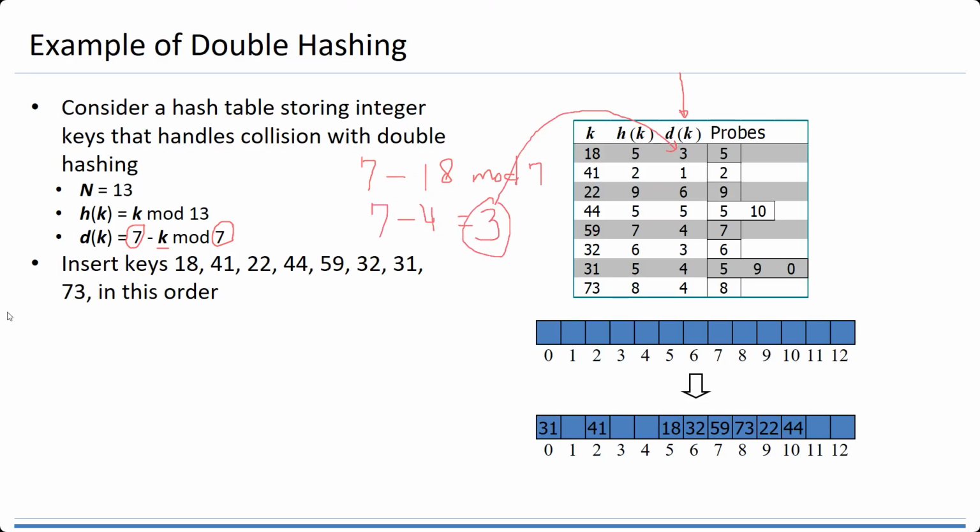Now, what does probing mean? We have the first value from the first hash function and the second value from the second hash function. We select the first, and then we put 18 in position index 5. So we put 18 in index 5.